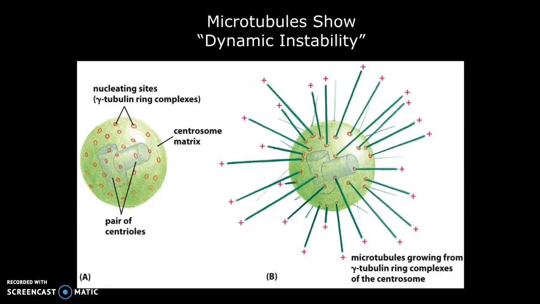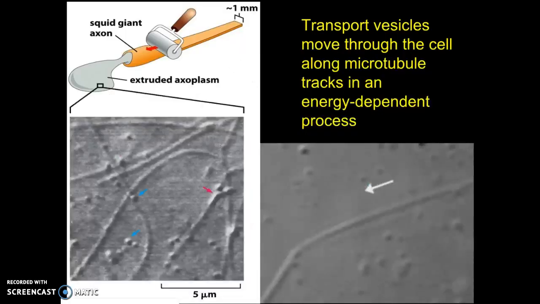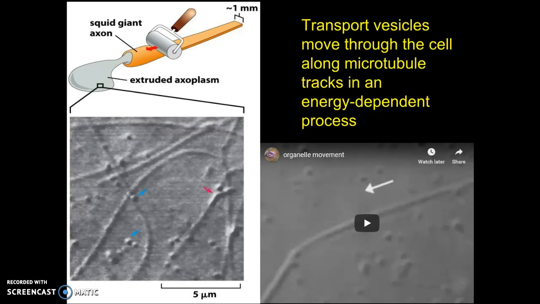They are constantly growing and shrinking in a GTP dependent fashion, and that creates this polarity of plus end and minus end. And then the motor proteins are going to walk down the tubulin.